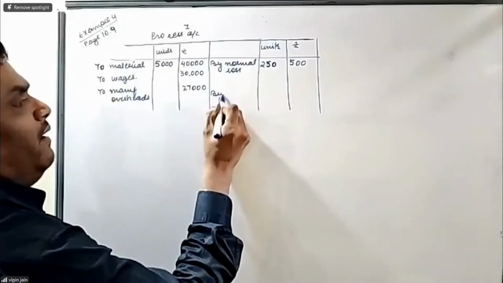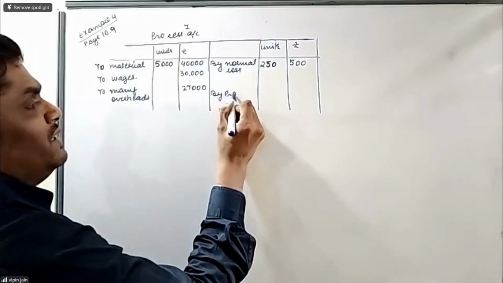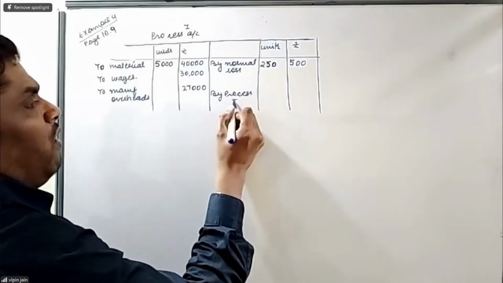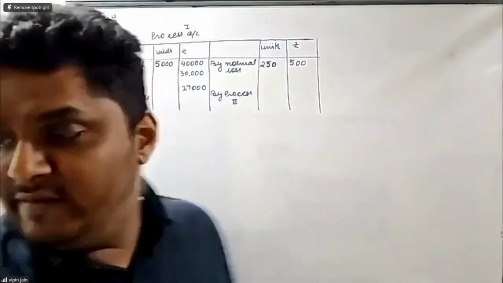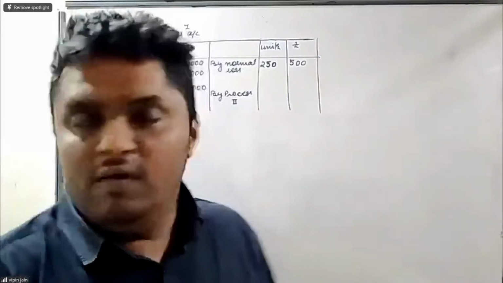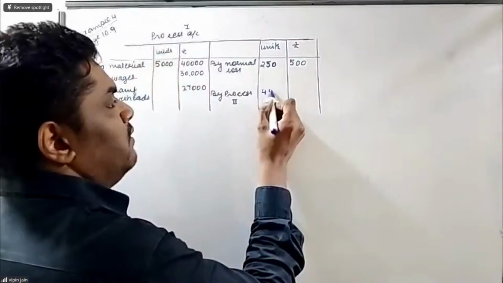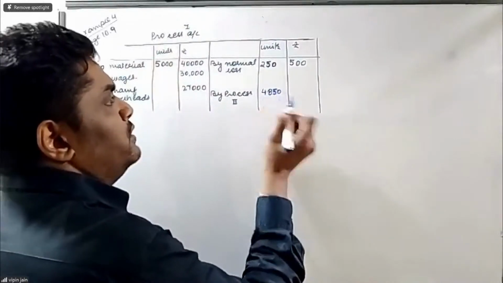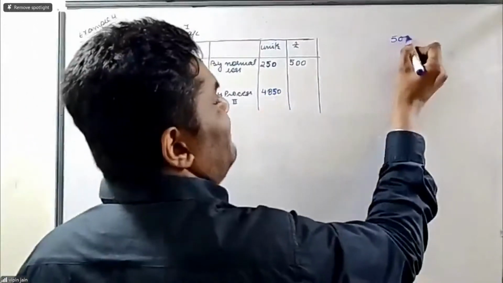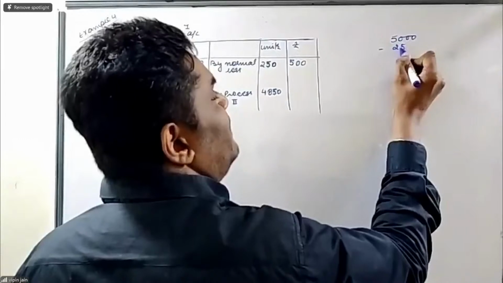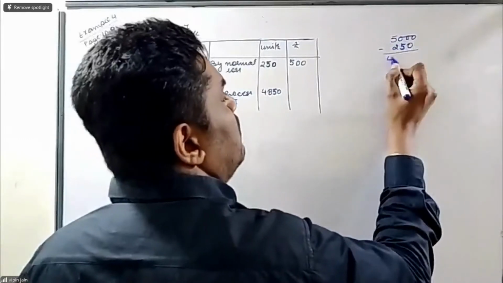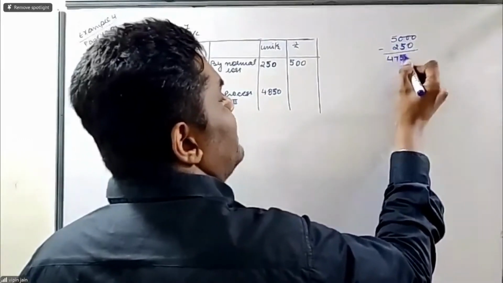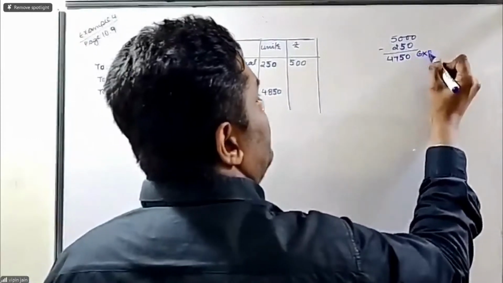Now by process second, the output is given, that is 4850 units. So in a similar way, my inputs are 5,000. 250 is my normal loss. 4750 is my expected output.